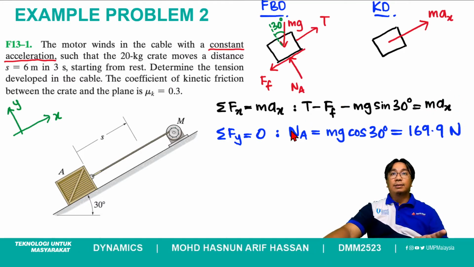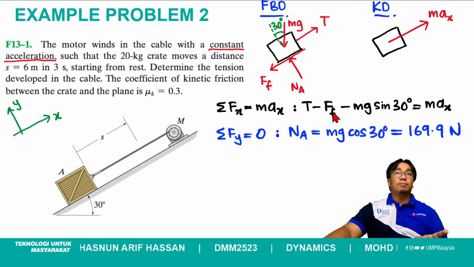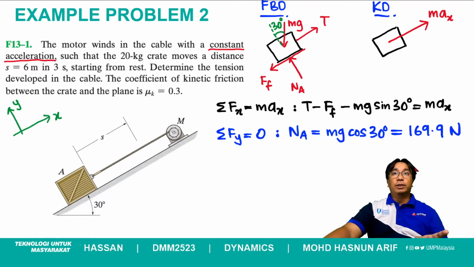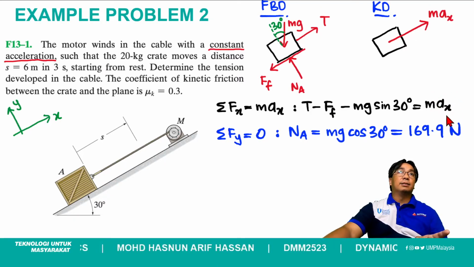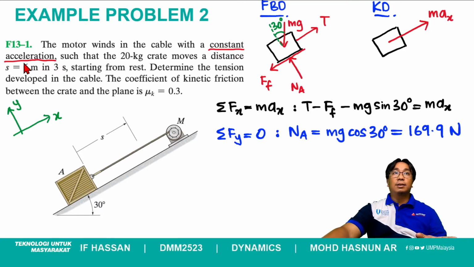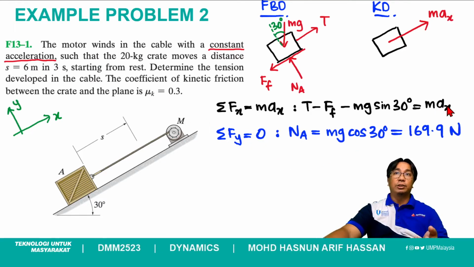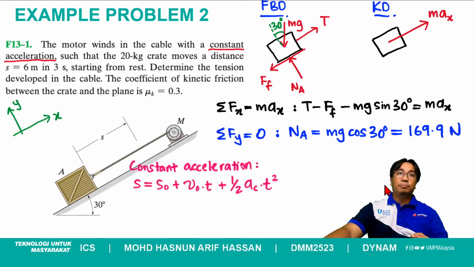What is AX? Kita dah tahu NA, so we can find our friction force because we have the mu here. But we want to find the tension, we need to know what is the acceleration. AX ini kita tak tahu lagi. So we can use the constant acceleration punya equation to find what is the value of AX.